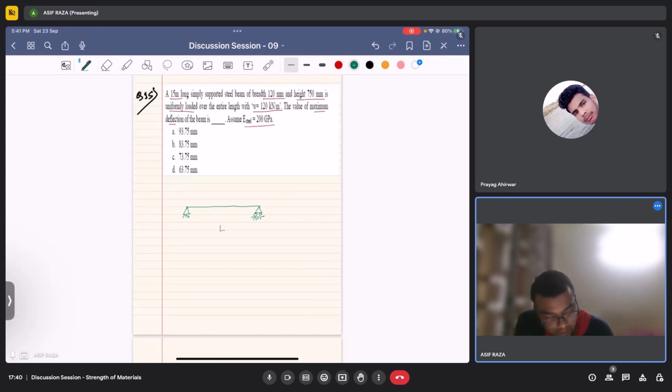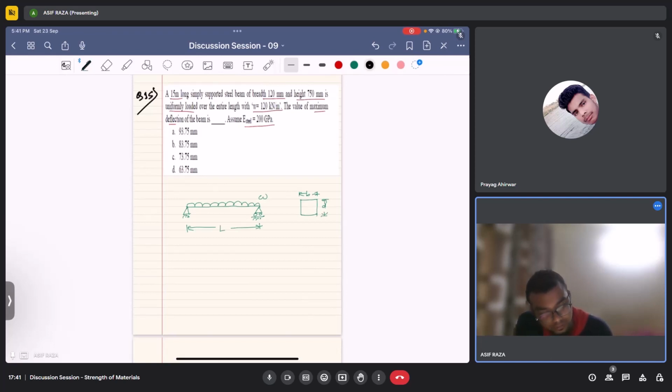Over the span length, there is a UDL w, and it has a rectangular cross section, b by d.